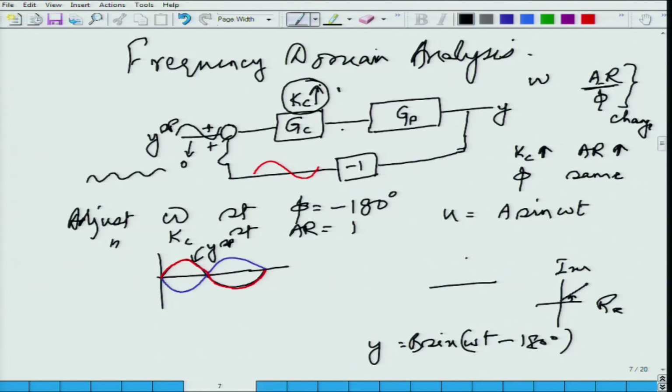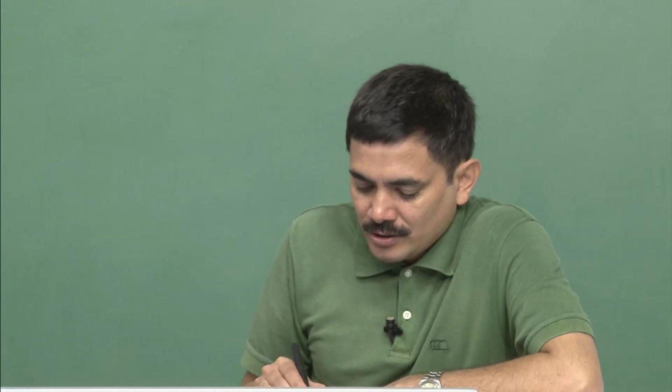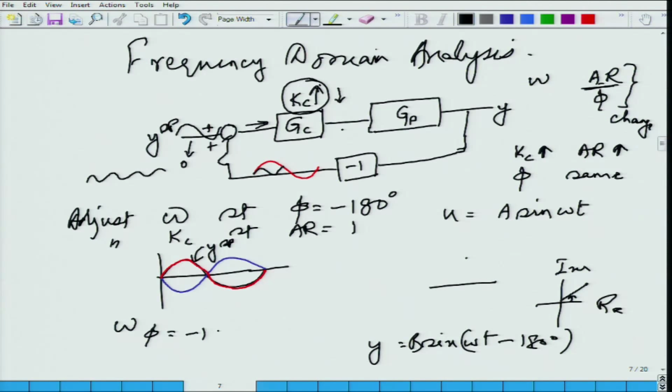On the other hand, if I reduce the Kc a little bit, then this sine wave would be smaller, and what that means is if there is a sine wave forcing this guy, then the output sine wave is smaller, and when you feed that back in, smaller will become still smaller, and basically if you stop forcing the system, the oscillations will become smaller and smaller and smaller, and the system will settle down.